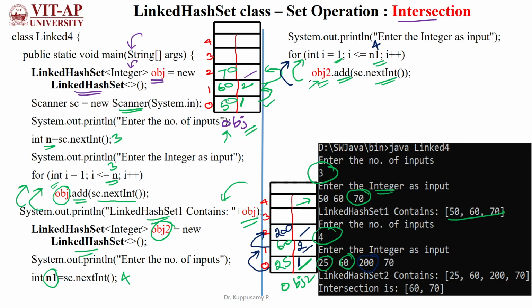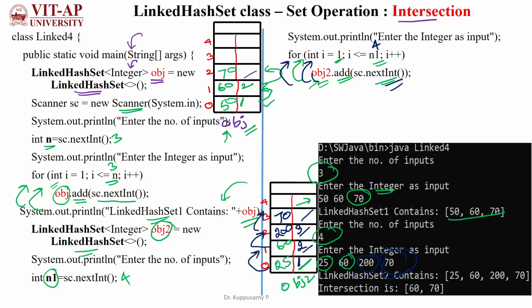Then repeating the for loop the 4th time, it receives the next input, that is 70. Okay, so 70 is going to be written in the 3rd index. After that a link will be created between 2 and 3. So the index will be updated here in the address field. As of now this third index address field will be null.